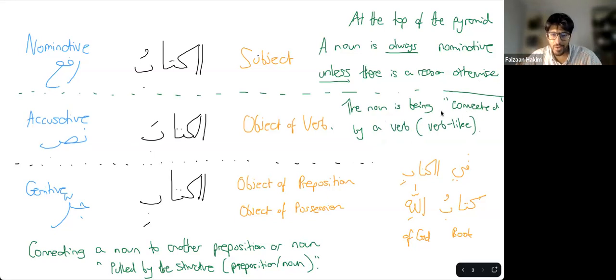A verb's acting on it, nasab. يعني الفعل ينصبه. The verb's picking it up, acting upon it. And if that's the case, it's more than just the object. An adverb is also there as well. And everything we see, the other forms of this, go back to something like this occurring.